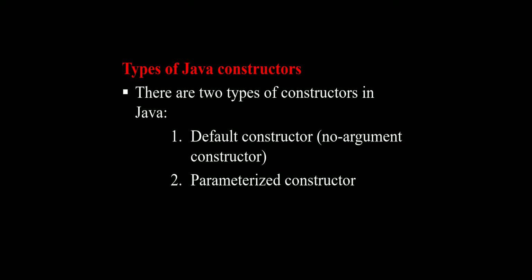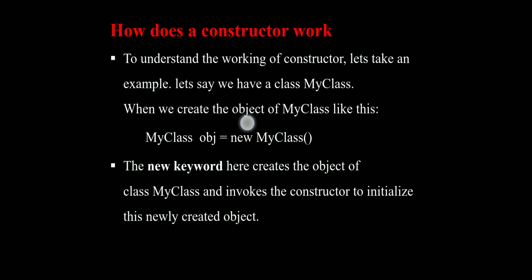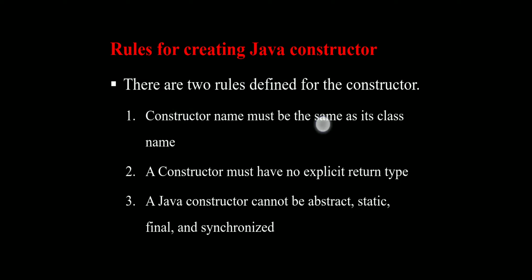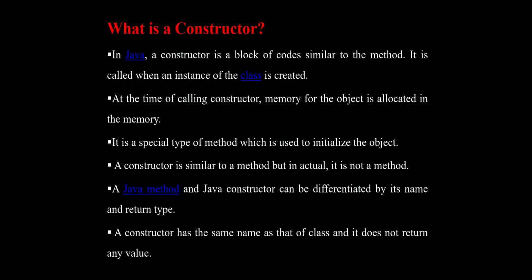Now once again we can glance over all the concepts. First is the constructor. What is a constructor? A constructor is a block of code which is similar to a method but not a method, and it is a special type of method which is used to initialize the object. Then one question may arise in our mind: why do we use the constructor?